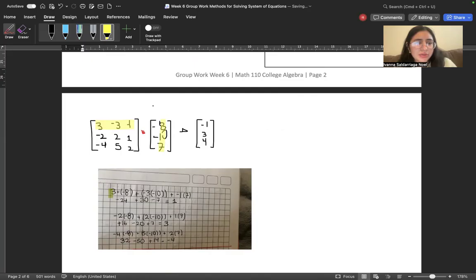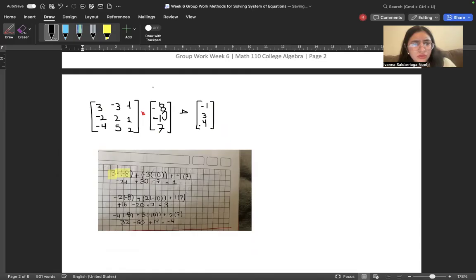So here 3 -8, then -3 multiplied by -10, and -1 multiplied by 7, and these are the numbers that I got. -1, and then the same, the second row with the column gives you 3, and the row 3 with the column with b gives you 4. Here it should be -4. I forgot the sign.